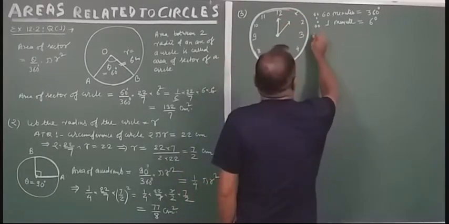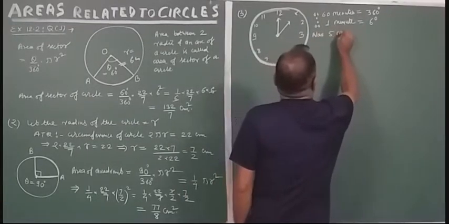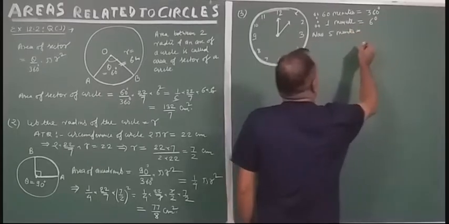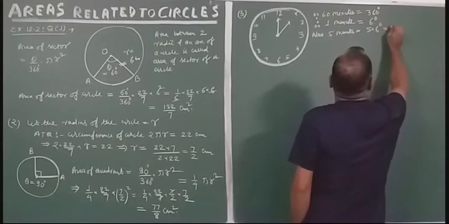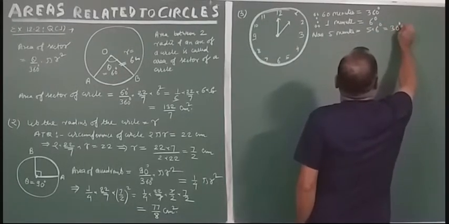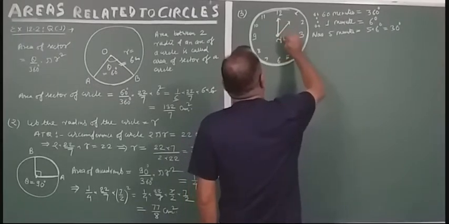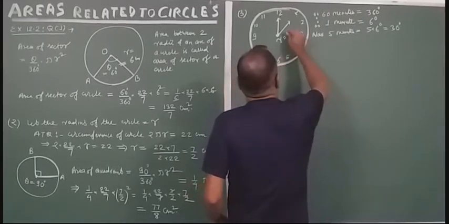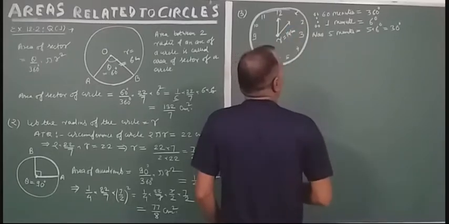Now 5 minutes is equal to how many degree? 5 into 6 degree, that is 30 degree. And the radius of this clock hand is given 14 centimeter.